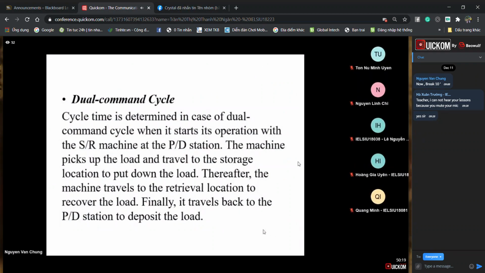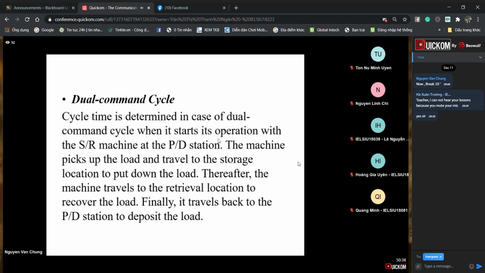And then you have a dual command cycle. The cycle is determined in the case of a dual command cycle.